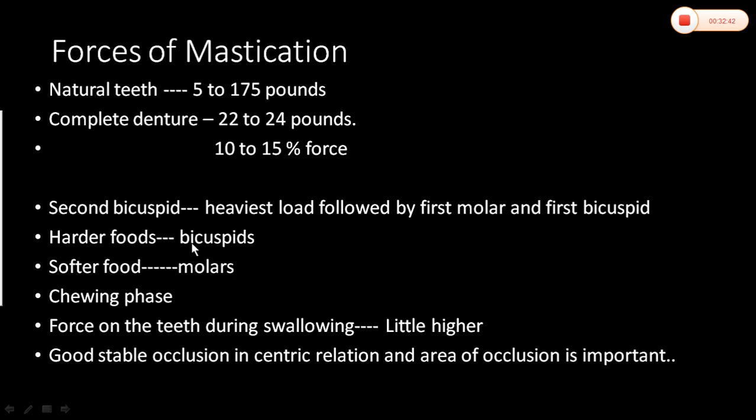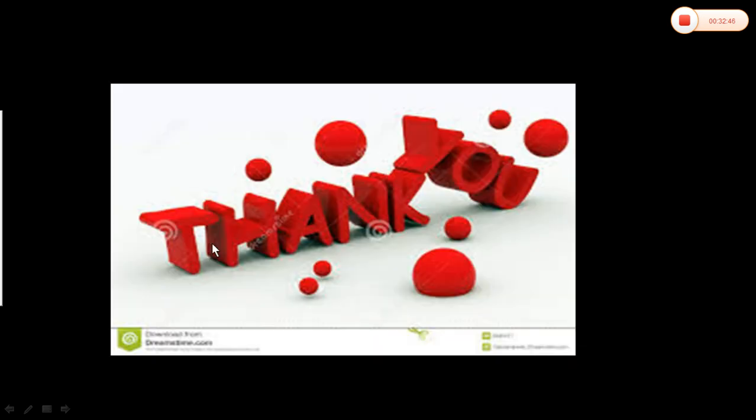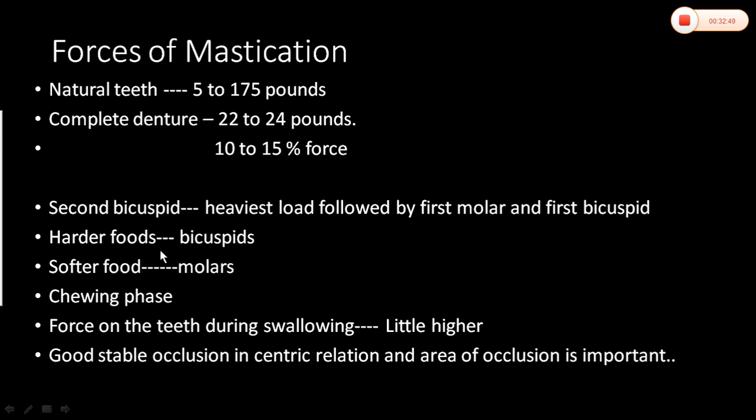The harder the food, the patient prefers to chew with bicuspids. The softer the food, the softer the cooked food, the patient uses molars for mastication. Remember this: harder the food, bicuspids are used.